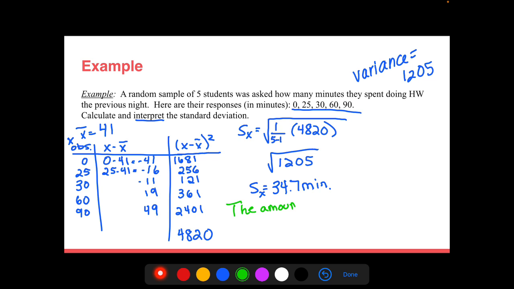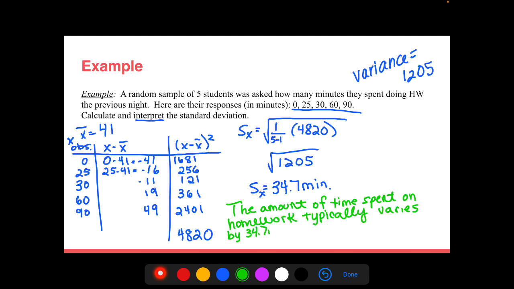The amount of time spent on homework typically varies by 34.7 minutes from, so you have to give some relation to this problem, so from the mean value.